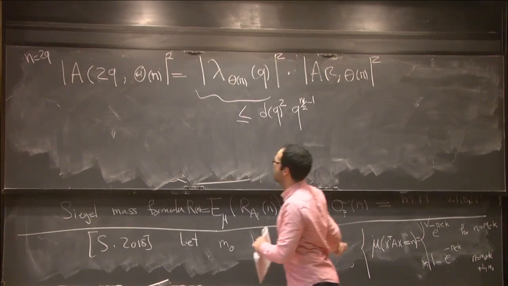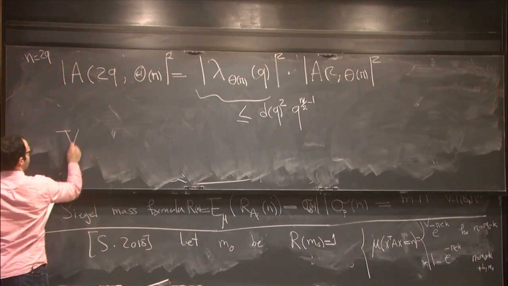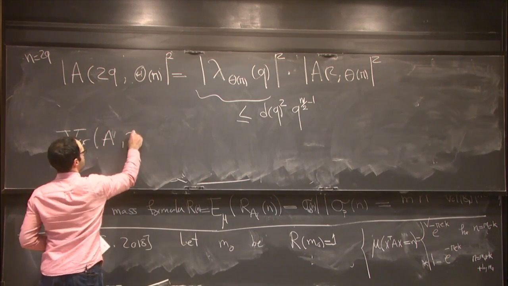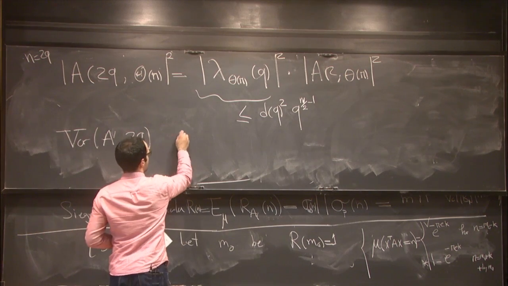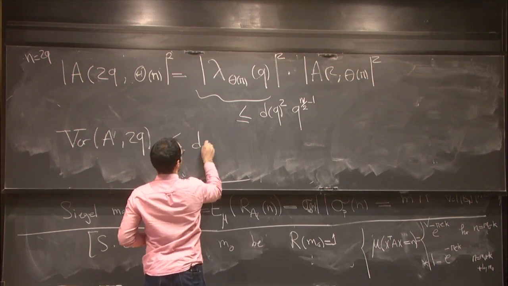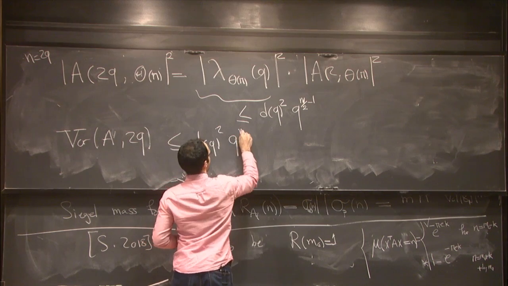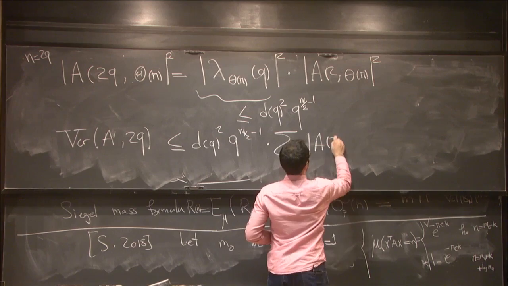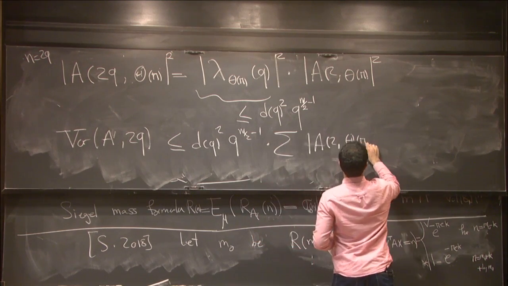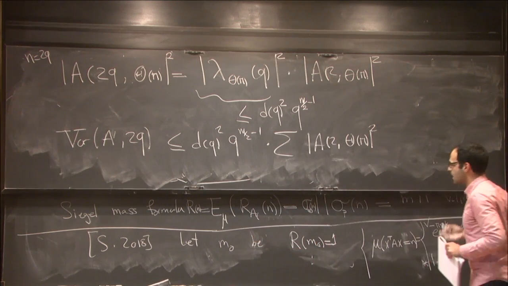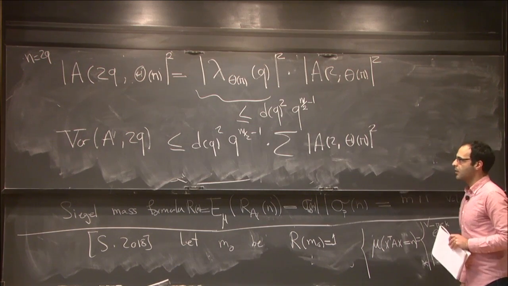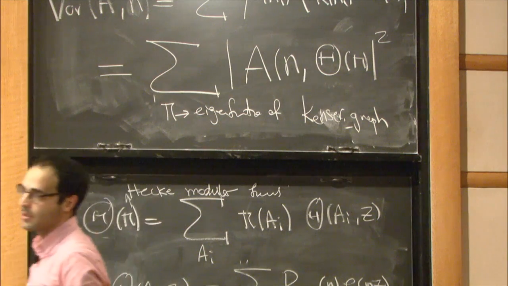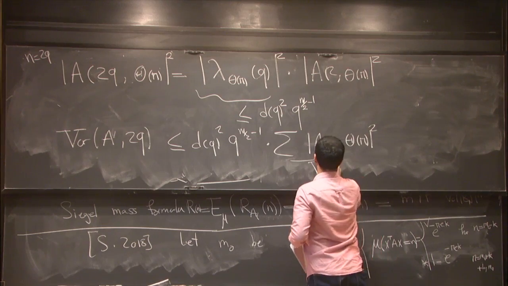So now something magic is going to happen. The variance that we started with, of a and 2q, is going to be less than or equal to this number, q to the m half minus 1, times the sum of a2 theta pi square. Computing the individual ones is hard, but the point is now you look at this identity again, and this is going to be the variance of a and 2.